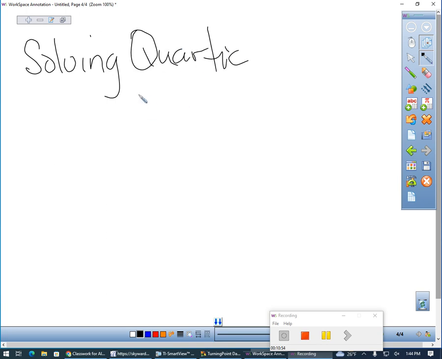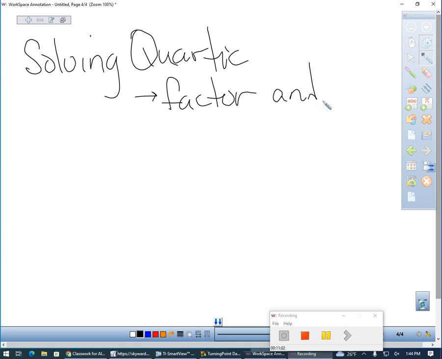When you solve a quartic, you are going to factor and set factors equal to 0 and solve. All right, so for example, we're going to start with a really easy one.